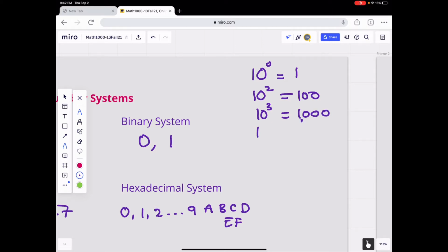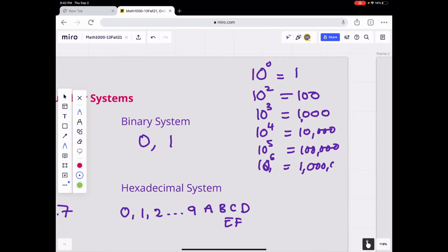And then you got 10 to the 4th equals 10,000. And then 10 to the 5 is 100,000. And 10 to the 6 has 6 zeros, so you got 1 million, all right?